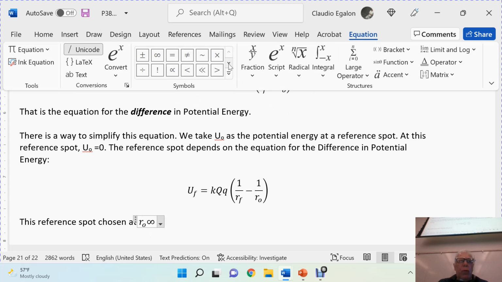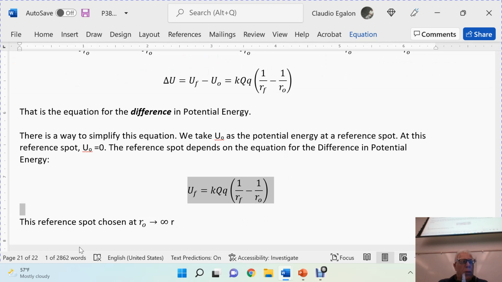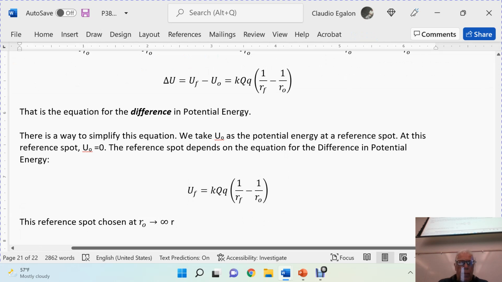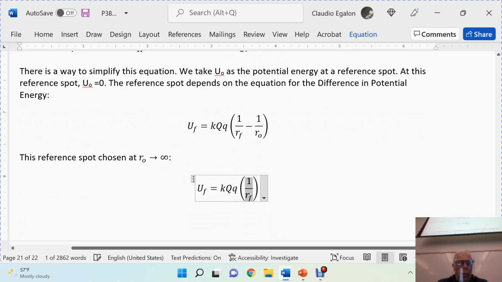Again, the right way to denote it mathematically is to put the symbol here. Whenever R naught is very far away from the other charge, the difference of potential energy becomes dependent on only one R. We have a simpler equation.